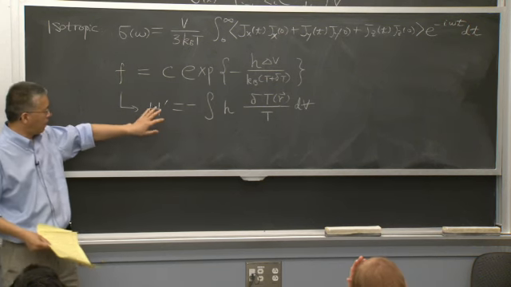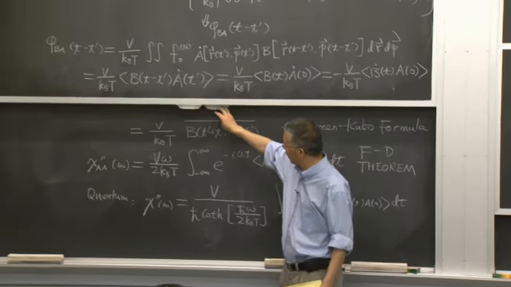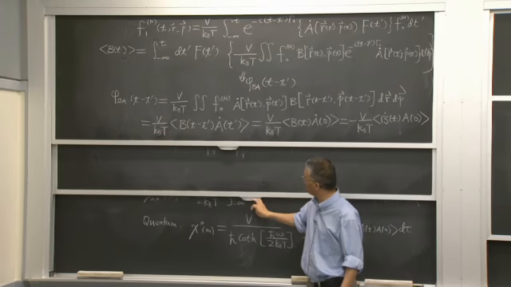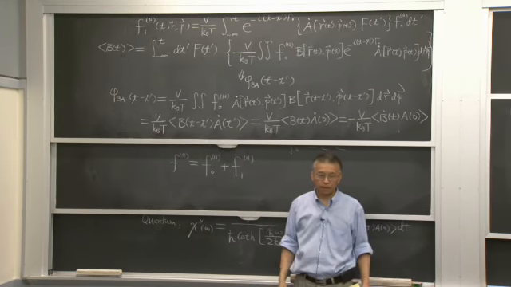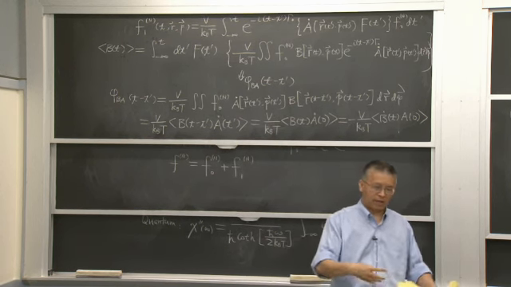And then you have to plug in this H prime, go back to the derivation, and find what the F1 is. In the process, I have to use energy conservation.